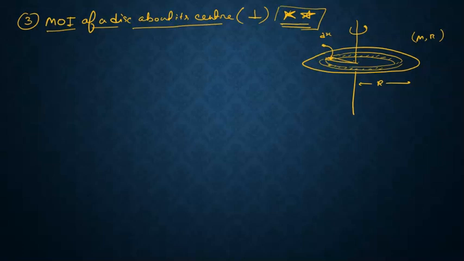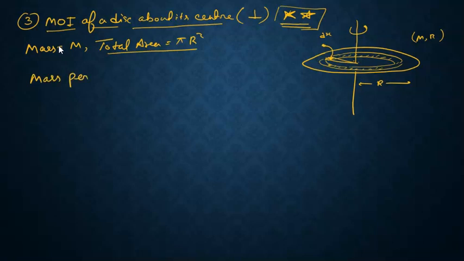So in this case also, mass equals m, total area equals pi r square, and the mass per unit area equals m by pi r square.